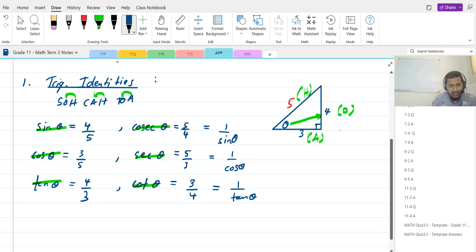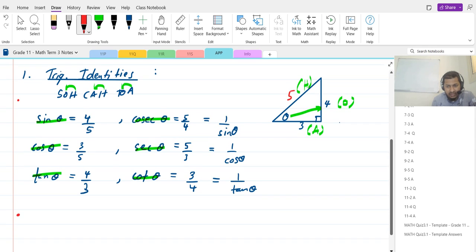Now the next important thing to work out is we've worked out reciprocal ratios and trig ratios. Next thing is the relationships and identities. Example, what is sine theta divided by cos theta? If I have to use these ratios, what is sine theta?